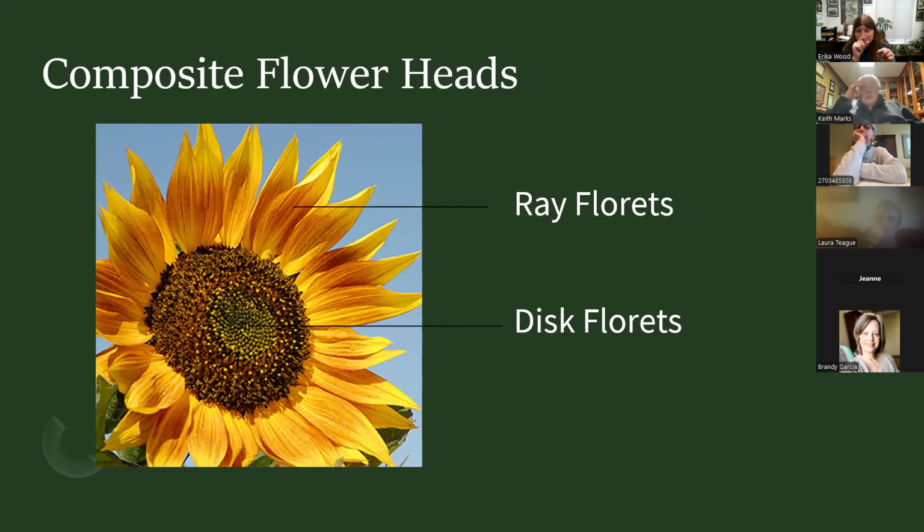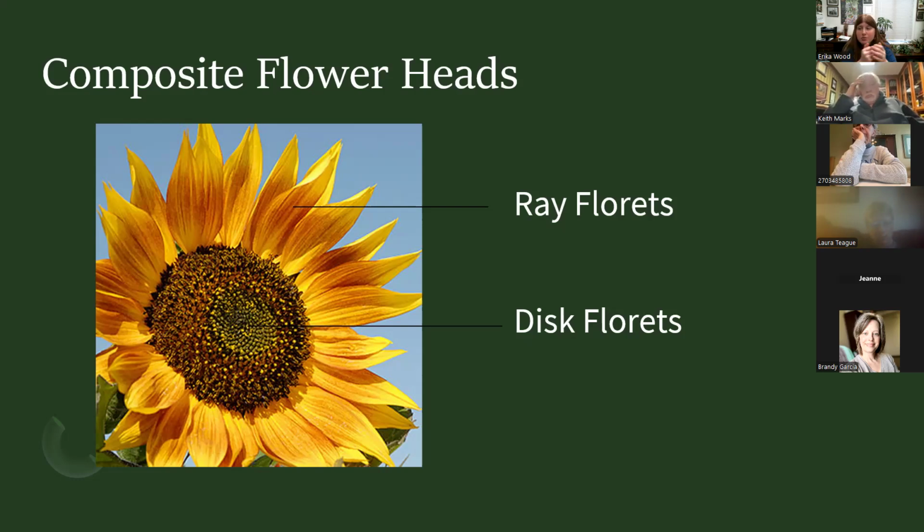But actually, what we think of as each individual petal, it's actually not a petal, it's its own flower. So that's kind of a unique aspect to this. And so whenever we're looking at, say, this picture of a sunflower, you have all these different ray florets, and each one is its own unique flower. And so you can have hundreds and hundreds of ray florets that belong on one flower head.